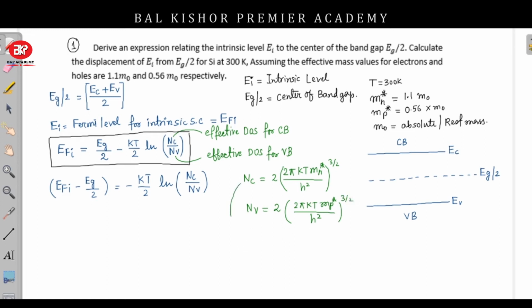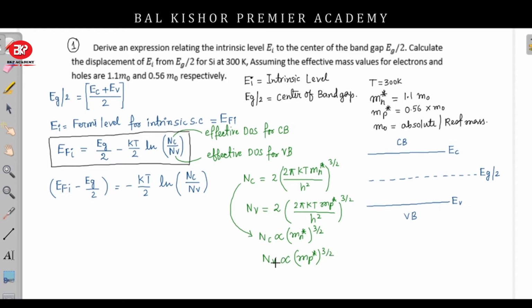So from this equation we can say that the NC value is proportional to the effective mass of the electron to the power 3 by 2, since 2, 2 pi, KT and h square are constants. Similarly, NV value is proportional to the effective mass of the hole to the power 3 by 2.